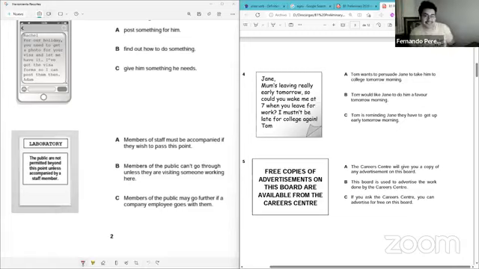No, I mean, don't repeat. It's a question. Who doesn't he need? Who doesn't Tom need? Tom doesn't need who? Jane. Exactly. Tom doesn't need Jane to take him.